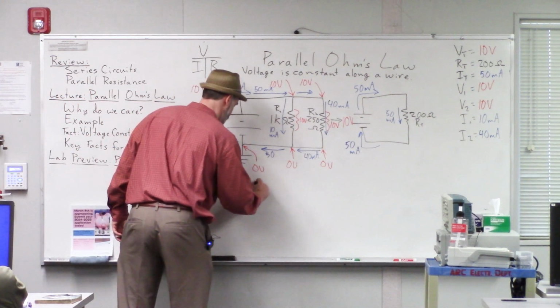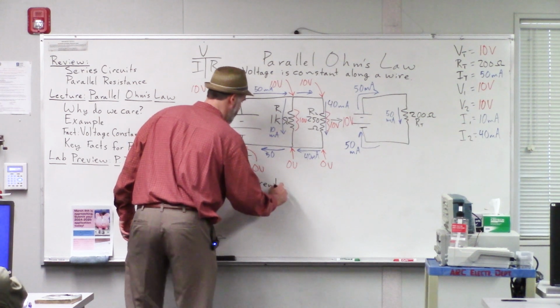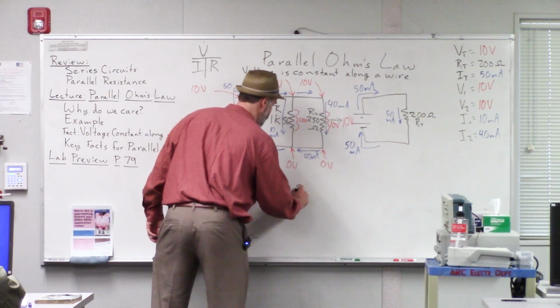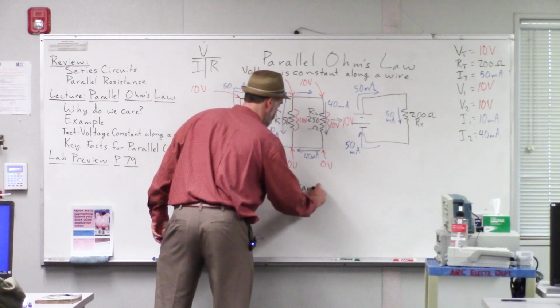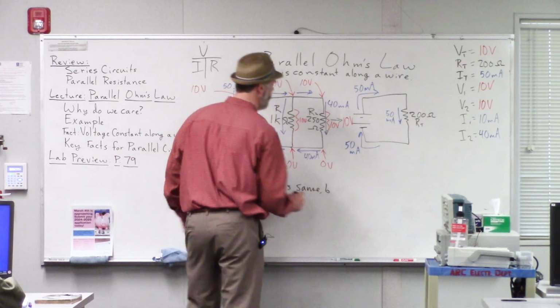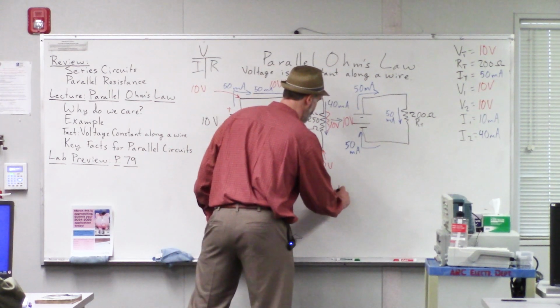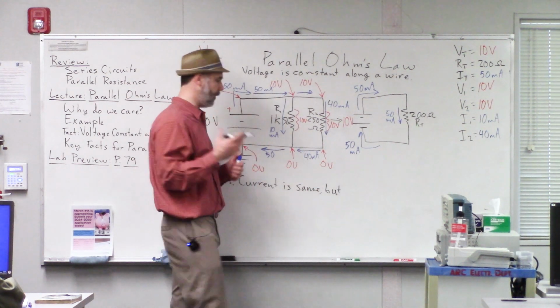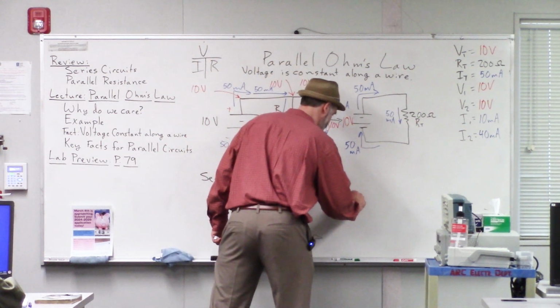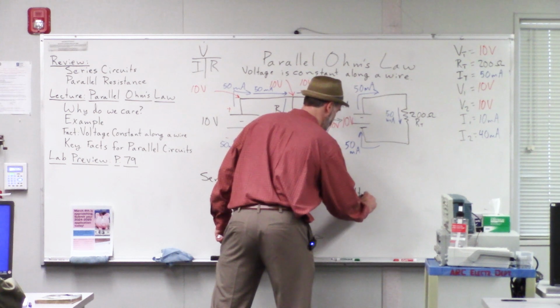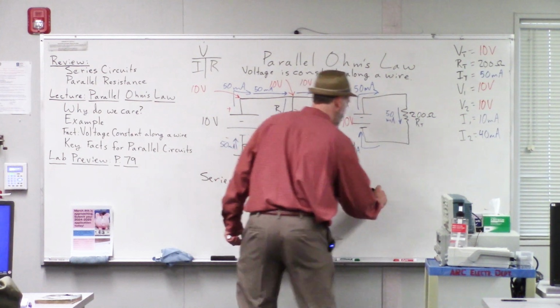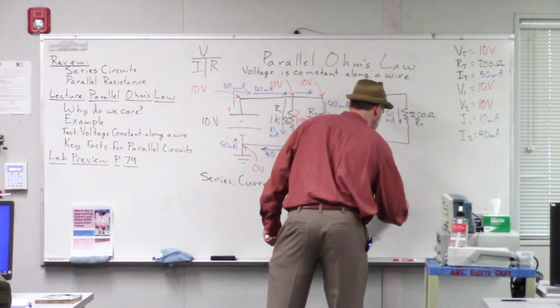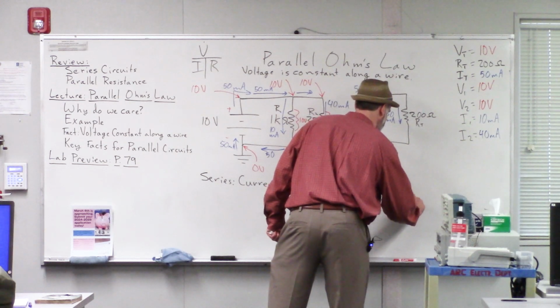So the current is the same for all the components. But what about the voltage? Did that have to be the same? No, the voltage could be different. Yeah, so voltage can be different.